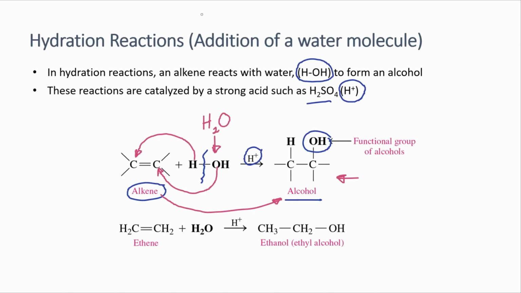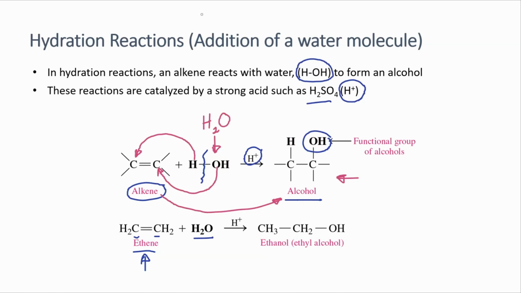Now let's see a simple example. Addition of water to ethene, the simplest alkene. This is a very symmetrical alkene, which means both carbon atoms contain the same type of atoms on both sides. The hydrogen and hydroxide group can connect to either of the two carbon atoms.